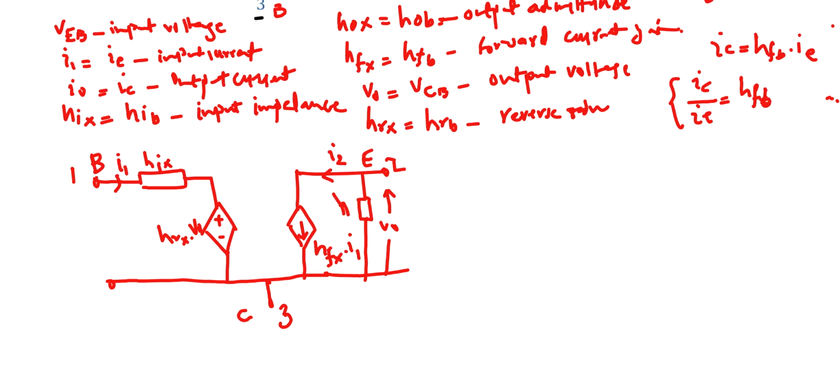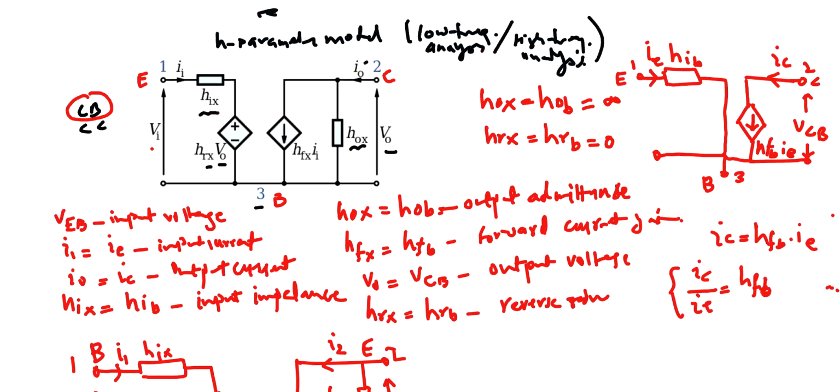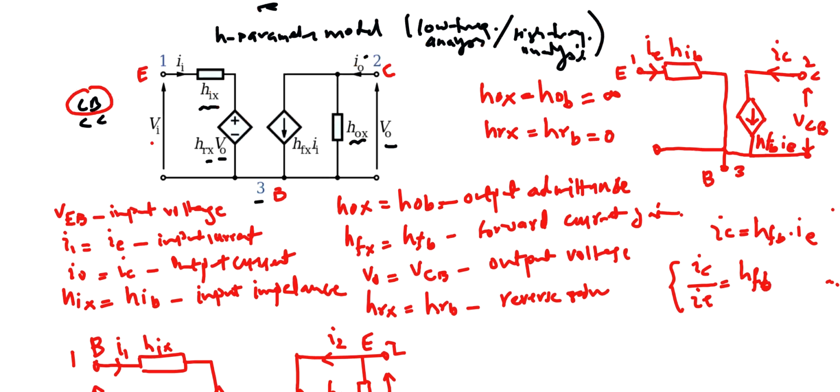So we'll write that. So here your input is VI. Is that correct? Yeah, VI, VO, everything seems perfect, and we got the naming convention. So this is your model for the common collector.